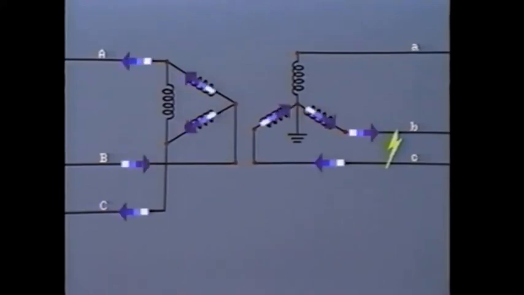And this will be in addition to phase A load current, which is still being supplied. Where there is a ground fault, in this case on line A, additional current must flow through the associated phase on the primary, like this.